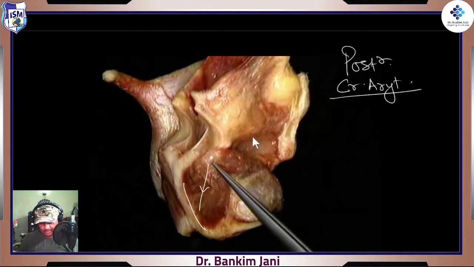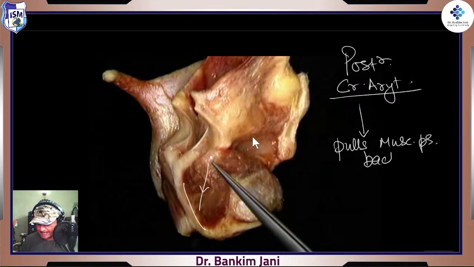But for the arytenoid, there is a joint, and this is on one side. So when you try to pull from one side, it goes back and it rotates also. That's the interesting thing. The posterior cricoarytenoid pulls the muscular process back, which results in a backward and rotational movement.